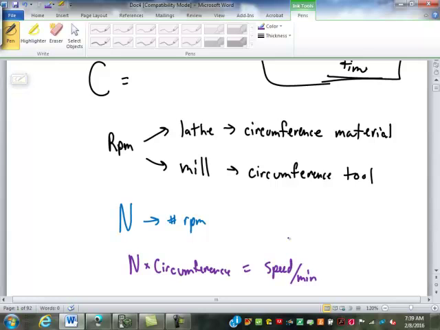Why do I say speed and not just distance? Well, because RPM is per minute. That's how far it goes in a minute. And since it's per minute, that makes it a speed.